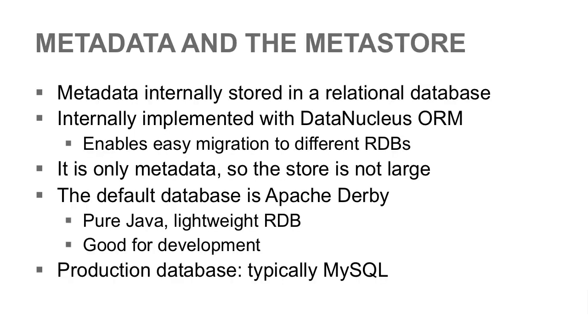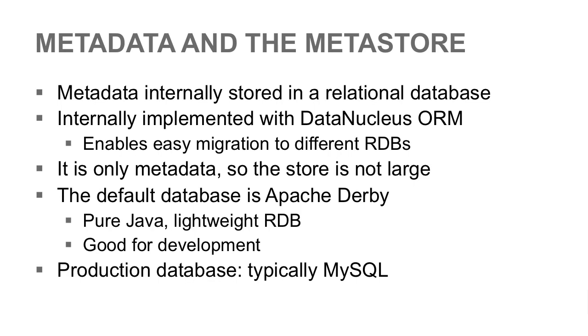One piece of Hive that is interesting is the metastore. Metastore is actually contained in a relational database. And this database is internally implemented with an object relational mapping system from DataNucleus, which is a very popular and portable system. So it is very easy to migrate Hive metastore to different relational databases.